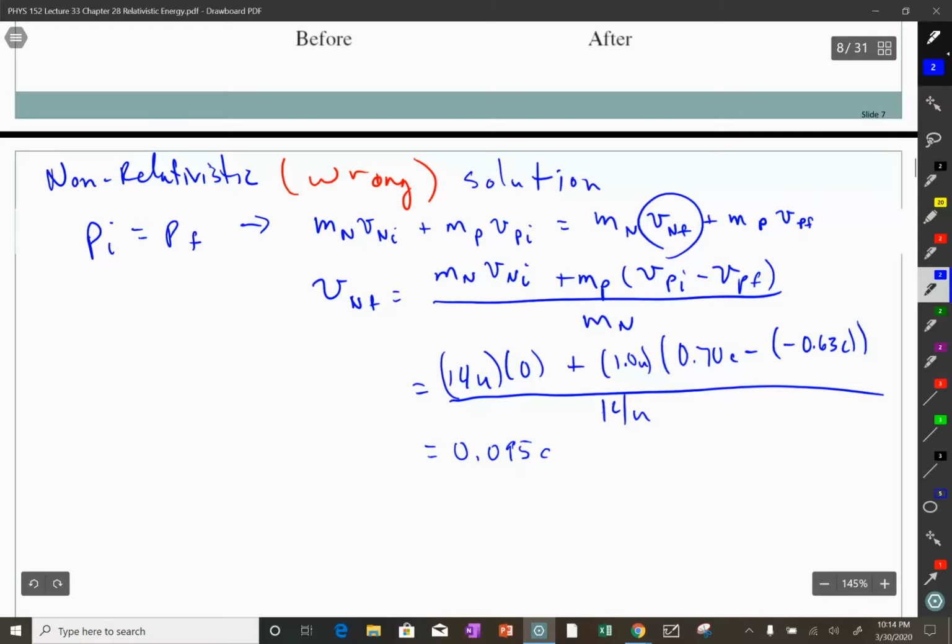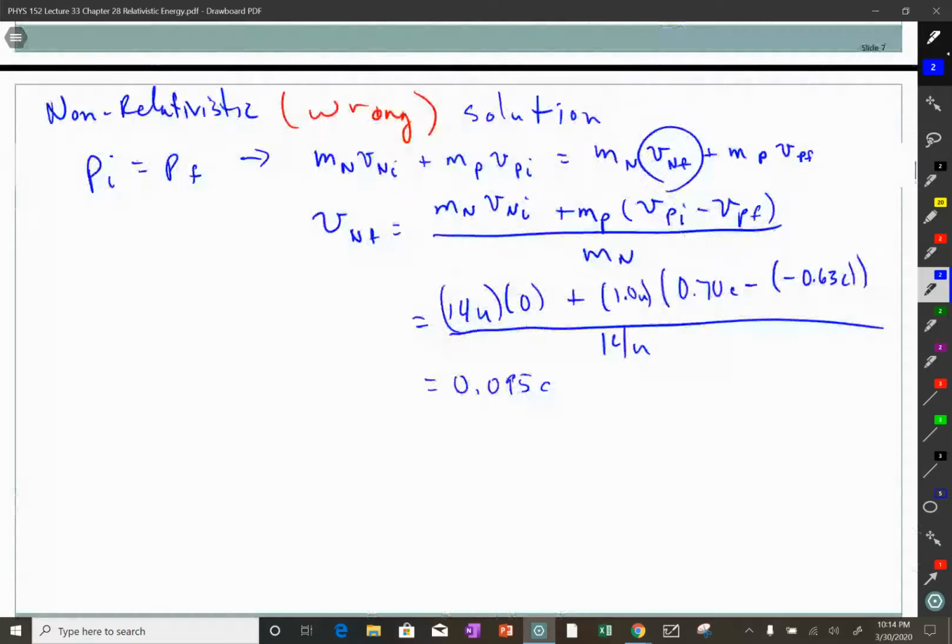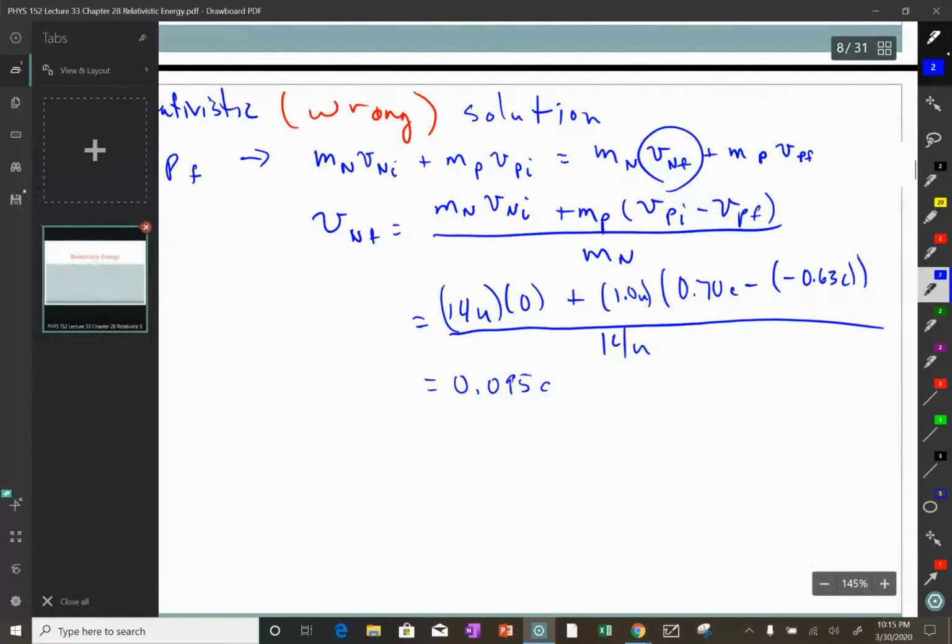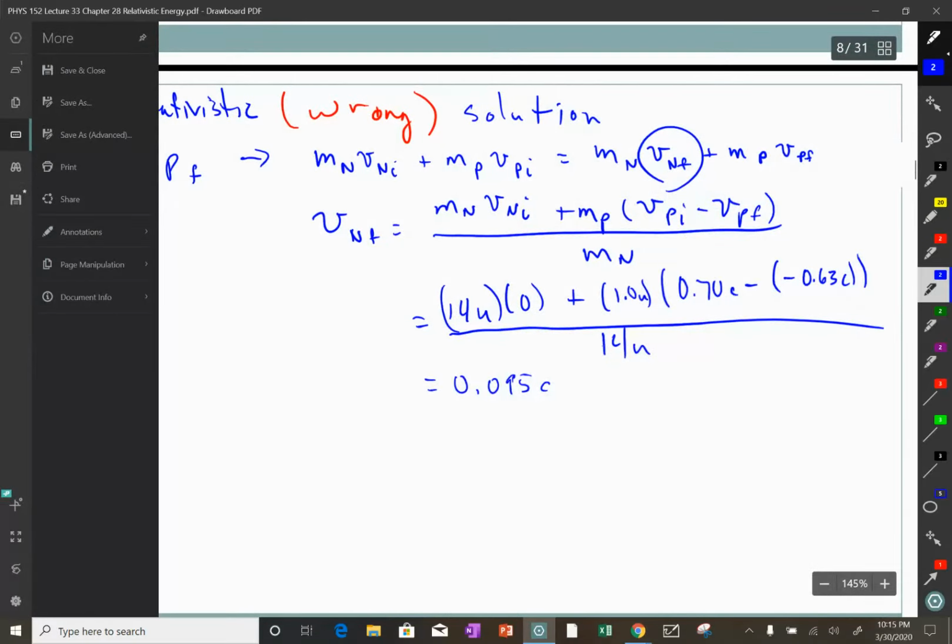That's what I would have had for a non-relativistic calculation, but that's wrong. That's just not right. Now, since I did this, which I didn't plan on, I need to add a page.